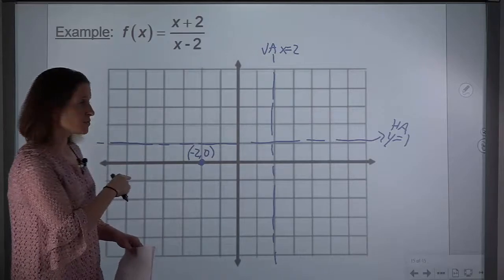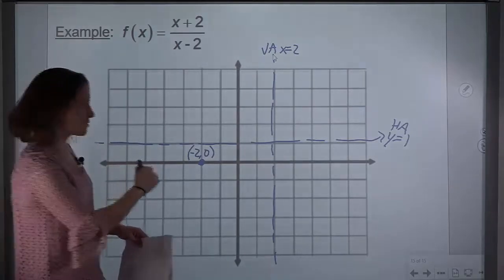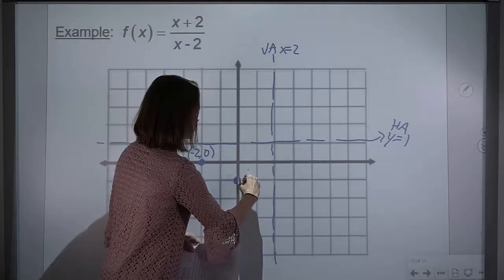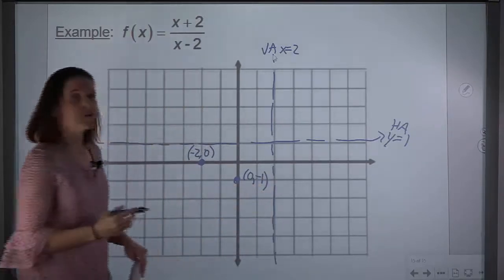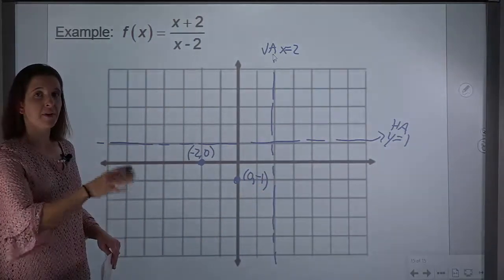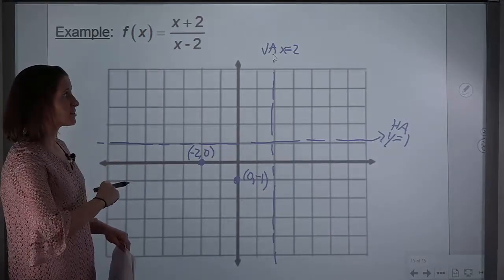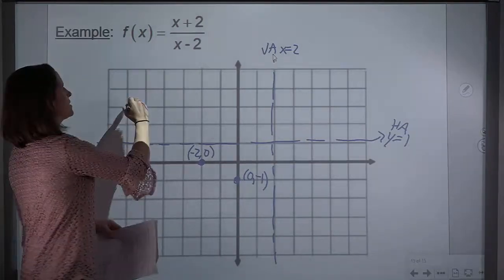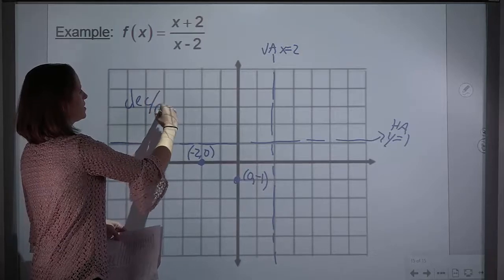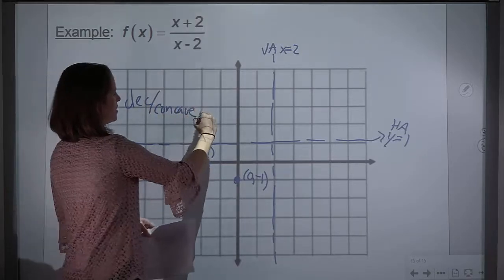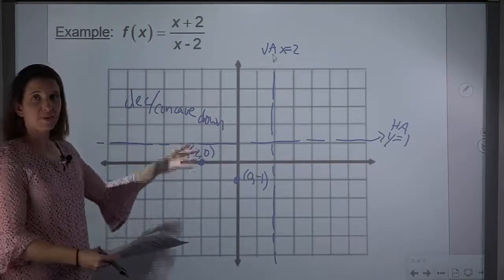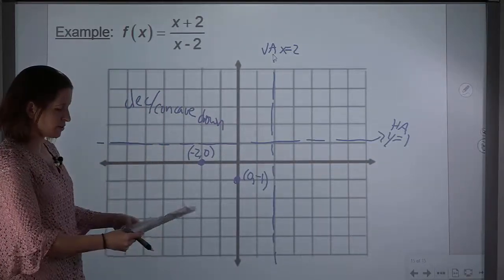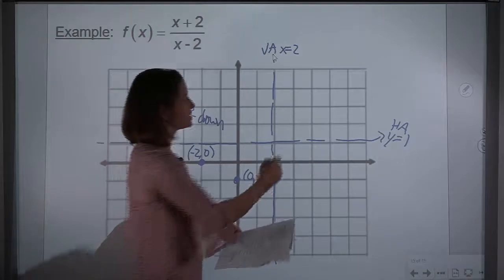We had negative 2, 0, and we had 0, negative 1. Okay, so then we have to think about all our concave up and concave down and increasing and decreasing. And we had decreasing and concave down in that interval. If you go back and look at your tables and what we summarized.